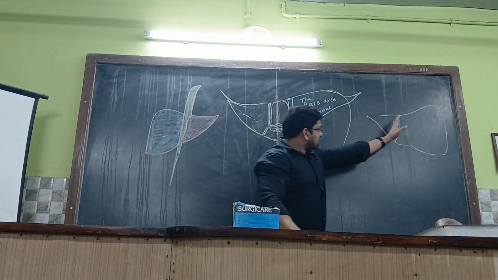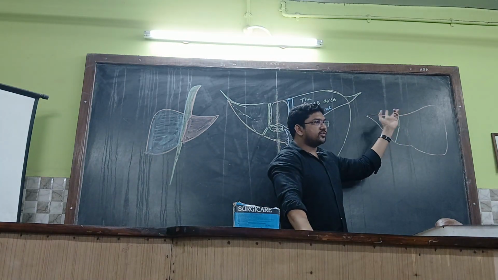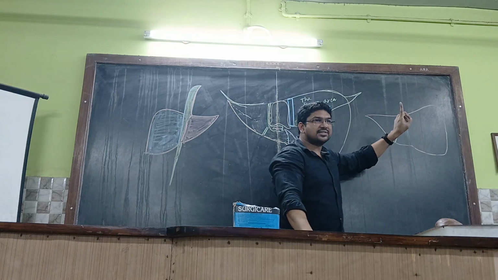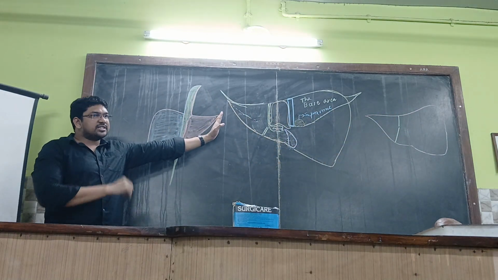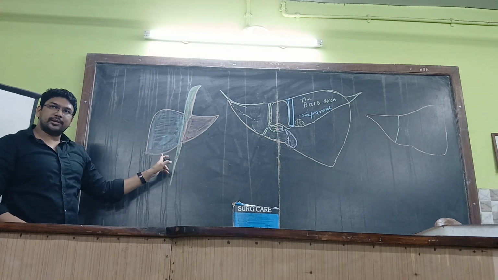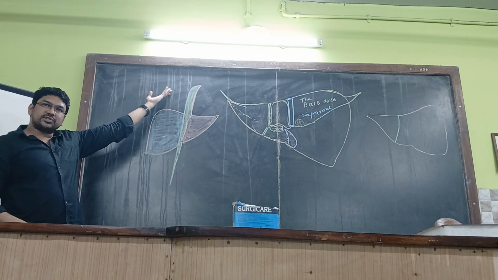Okay. So this is the dividing point for the two layers of the peritoneum over here. Could you understand? On the anterior aspect, these are the two layers. One is the left layer of the falciform ligament, and this is the right layer of the falciform ligament over here. Okay. Now we are going towards the posterior aspect.